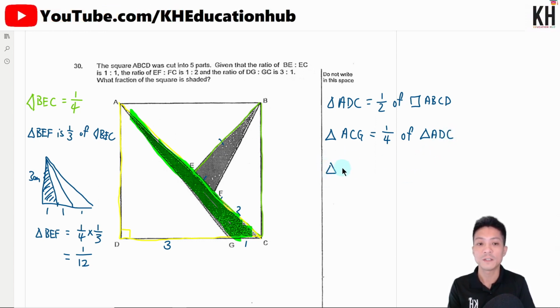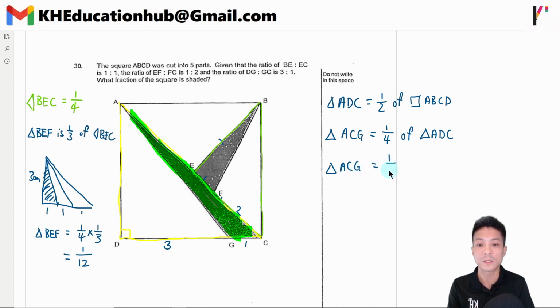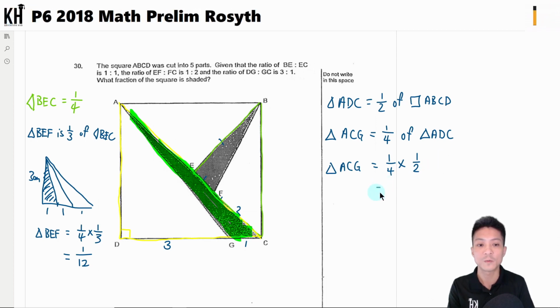So in order to find the fraction of triangle ACG, I need to use a quarter times half, which will give me 1 out of 8.